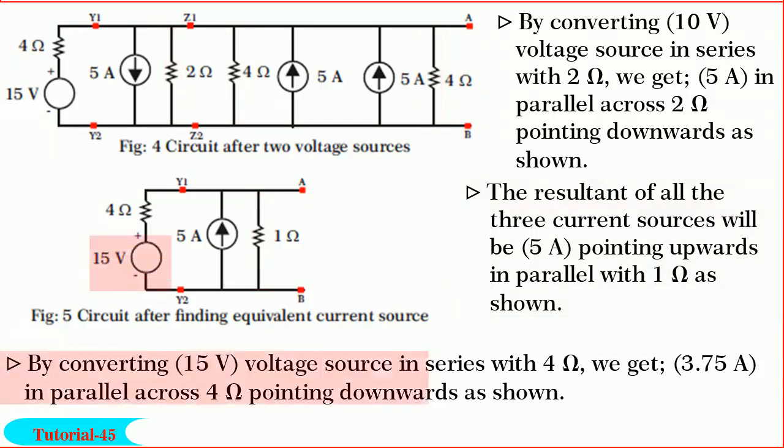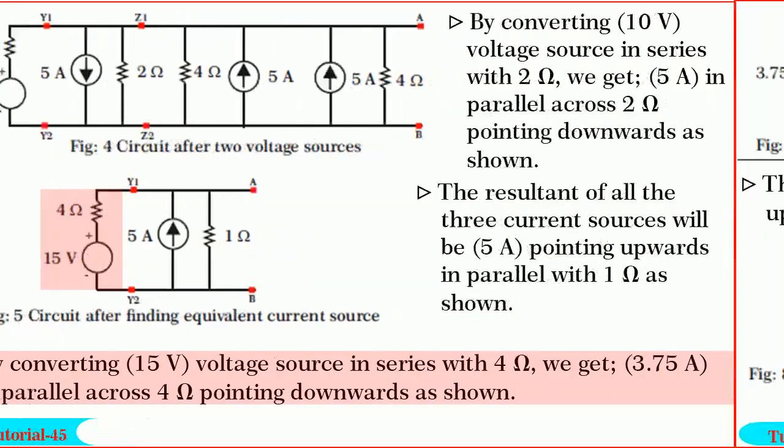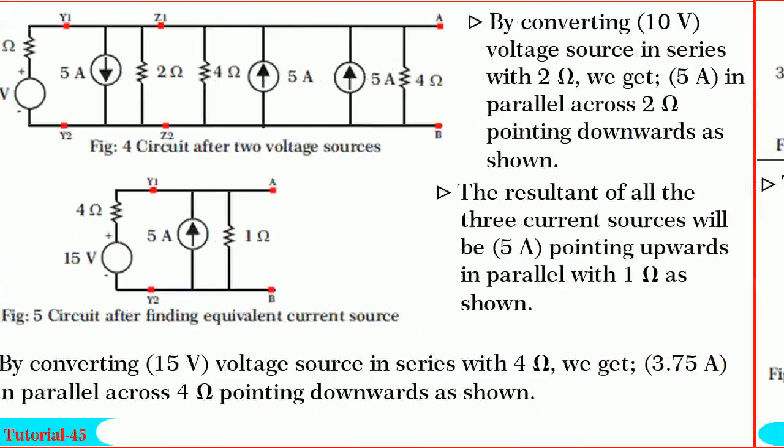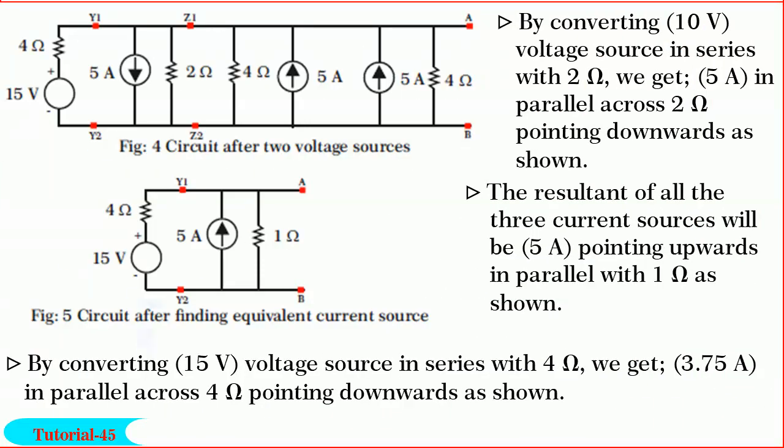Now, by converting the 15 volts voltage source, we get 15 divided by 4 equal to 3.75 ampere in parallel with 4 ohm. Note the direction of the converted current source is the same as that of the current driven by the original voltage source of 15 volts.